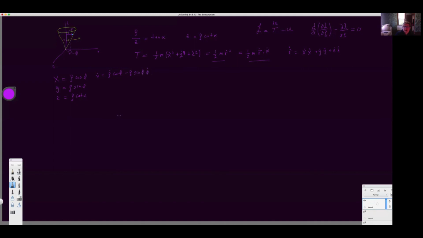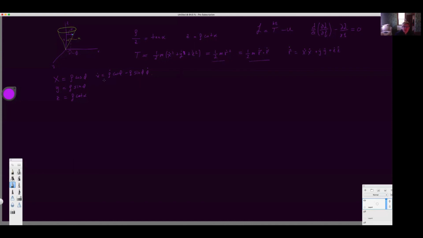This is the product rule and then the chain rule. When you're doing a problem like this, you have to think about what's changing and what's not. Clearly, rho can change and phi can change, and of course z can change, but it's constrained by this equation.